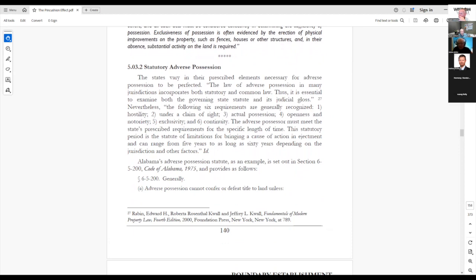And because what's changing there is the boundary line, and that doesn't change what your deed is until it goes to court and it's affirmed as adverse possession has ripened into ownership.